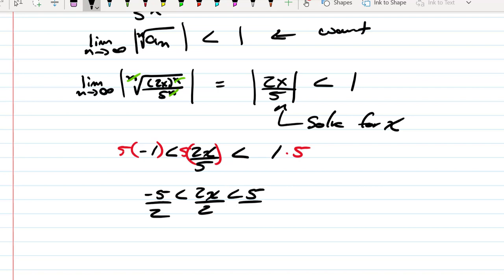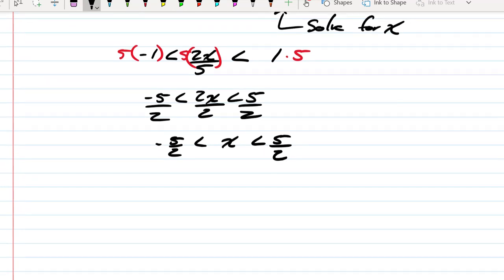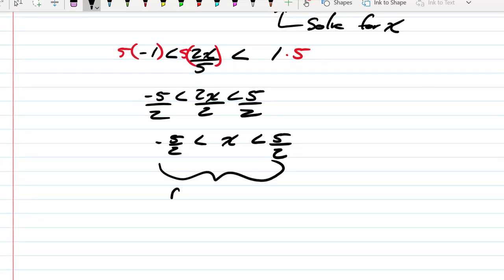We divide by 2, and we get -5/2 is less than x is less than 5/2. So then our series is going to converge for the x values between -5/2 and 5/2. So it's going to converge here.